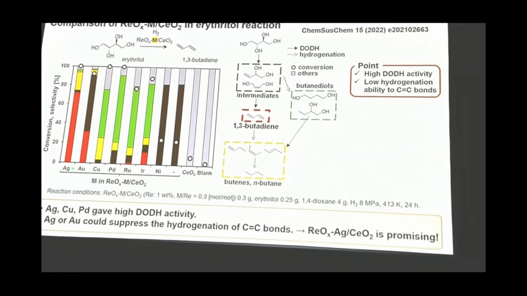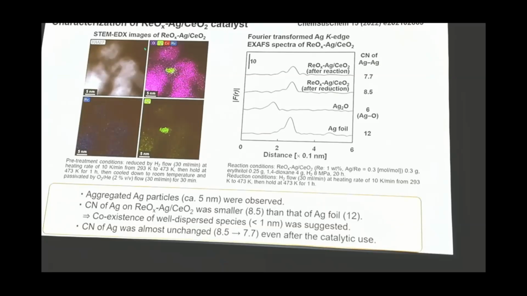Silver is a very good component for these reactions, compared with copper, palladium, ruthenium, iridium, and so on. The silver shows a very high conversion and high selectivity to the target product. The activity is higher than the case of the gold. These are the characterization results of the rhenium silver ceria catalyst.